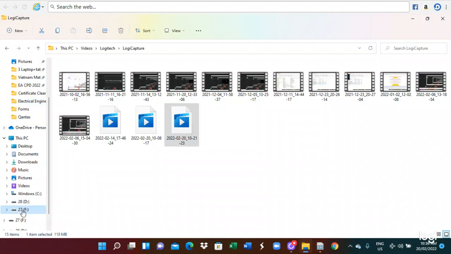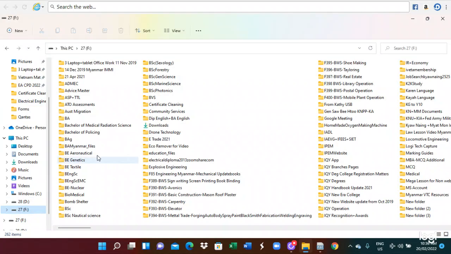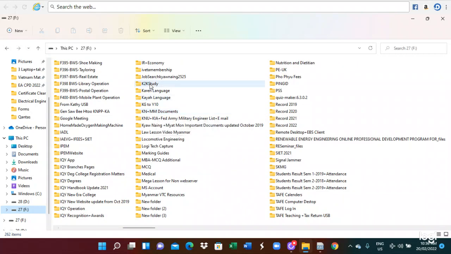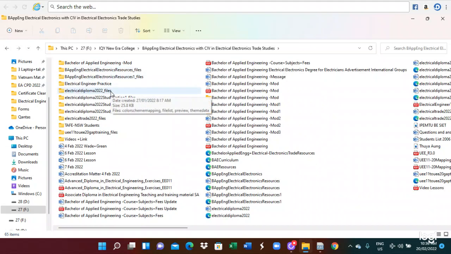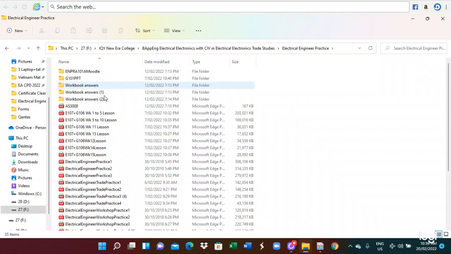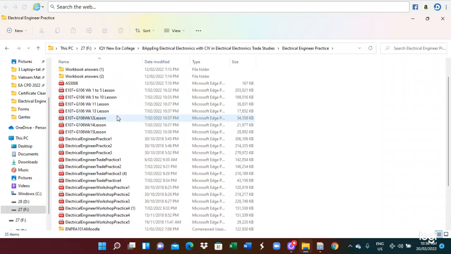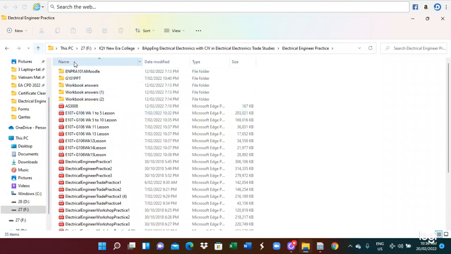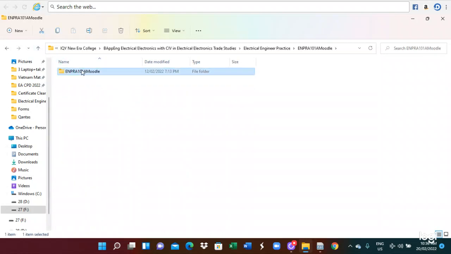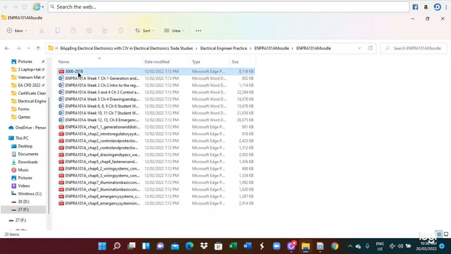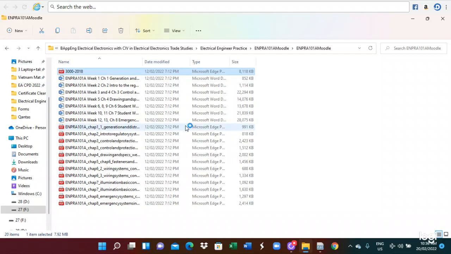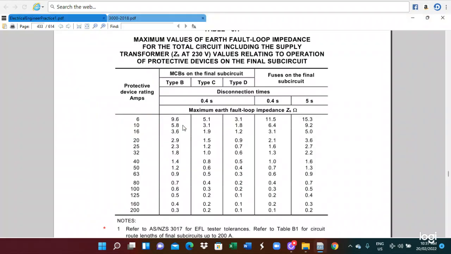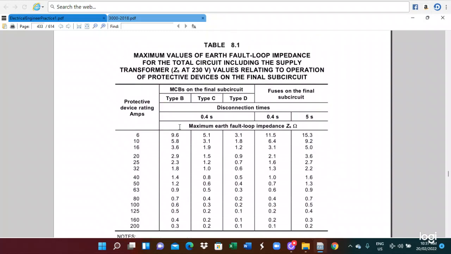So this is why we have to look at Table 8.1 of the AS3000. So this is Table 8.1 in the AS3000.